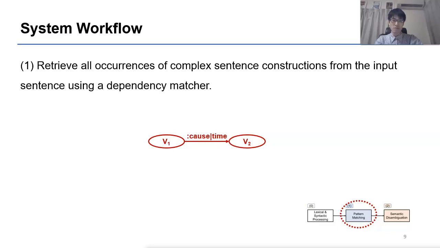In this example, it finds one skeletal AMR for the since construction. Please note that at this stage, a skeletal AMR may contain semantic ambiguities of roles. As illustrated, the skeletal AMR of the subordinator since could show either a causal or temporal relation.